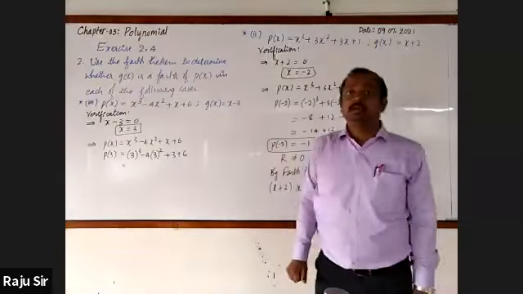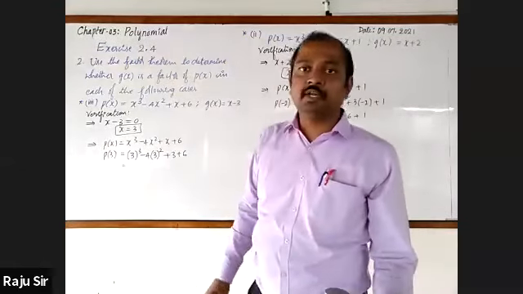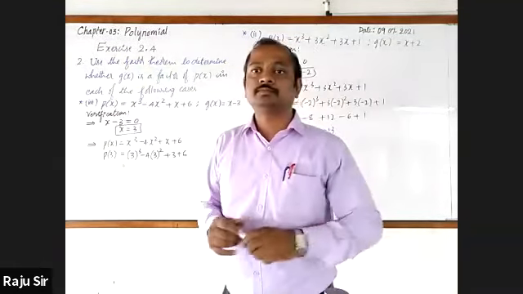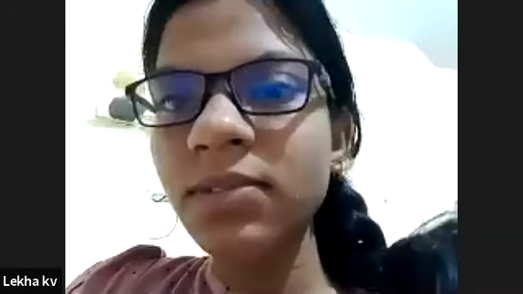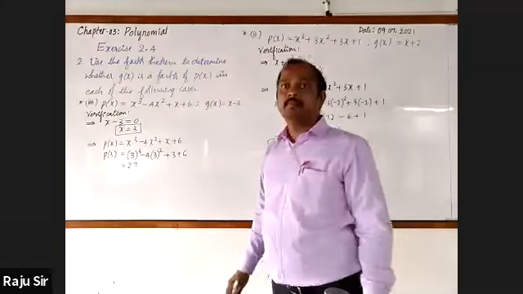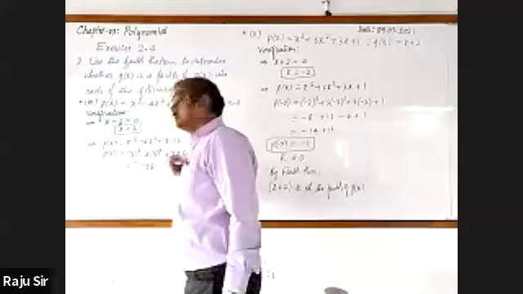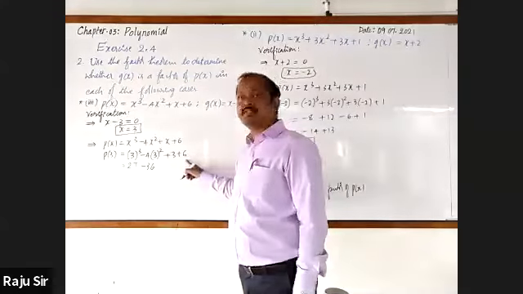What is the value of 3 whole cube? 27. Minus 4 into 9 is minus 36. Plus 3 plus 6.